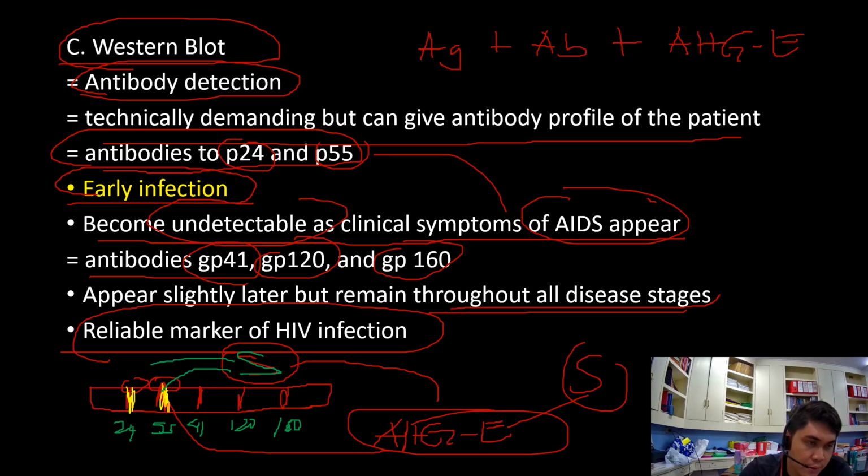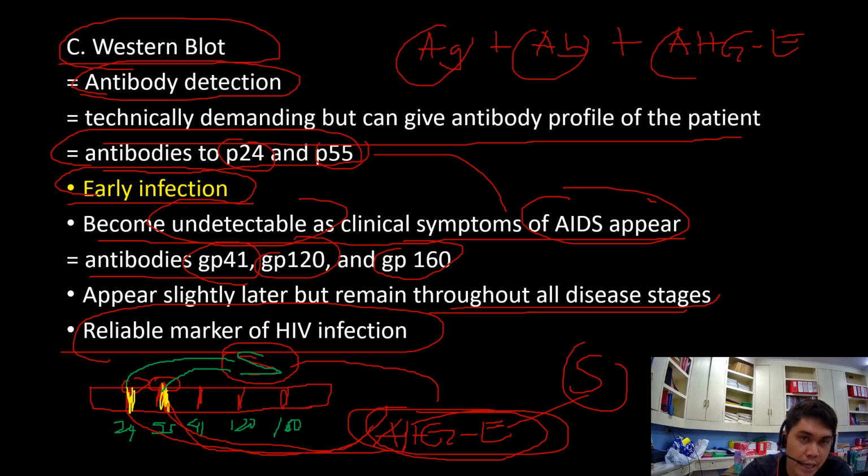For example, the patient serum contains anti-P24 and anti-P55. The next is wash, then add AHG. After the addition of AHG, the AHG will react with the antibody. So the reaction now is antigen plus antibody plus AHG with enzyme or label. After that, you wash, then you add the substrate.